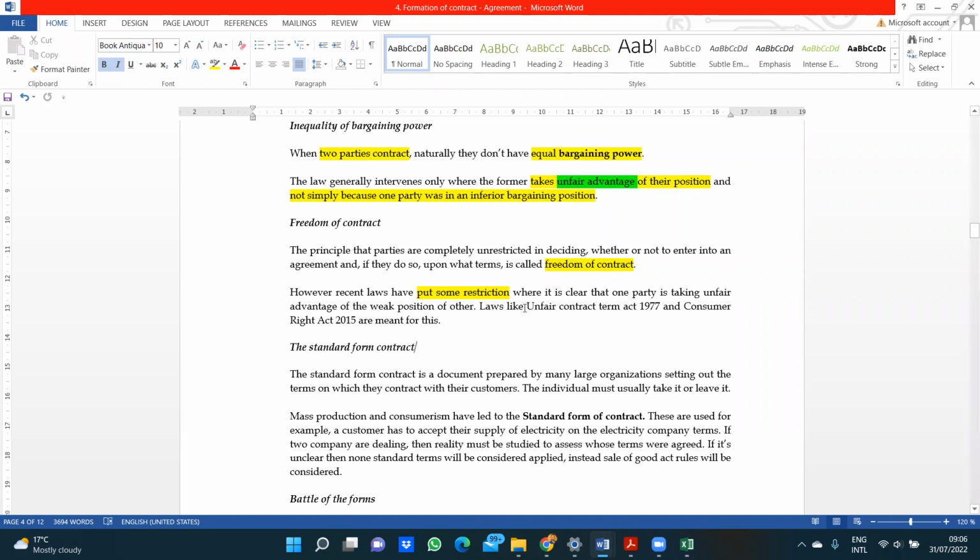Laws like the Unfair Contract Terms Act 1977 and the Consumer Rights Act 2015 are made for this. These are laws that have been enacted to prevent unfair advantages taken by those who have power over those who have lower power.